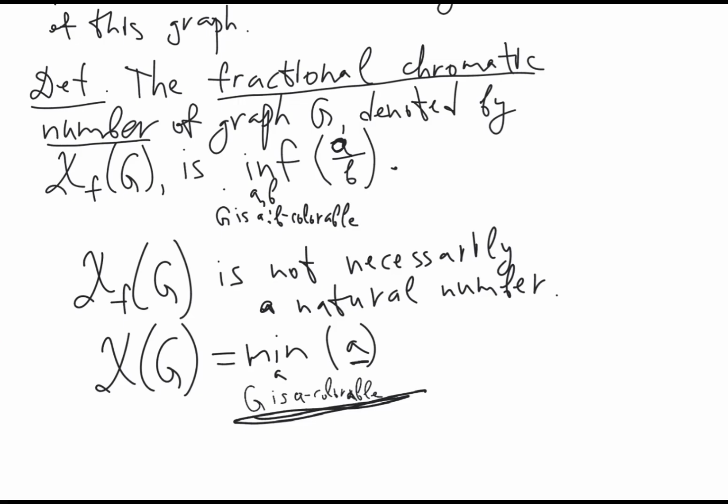Now, the fractional chromatic number is the infimum of A over B, such that it is A colon B colorable.